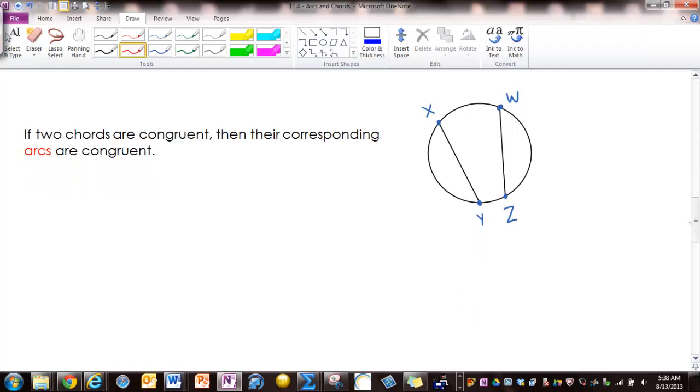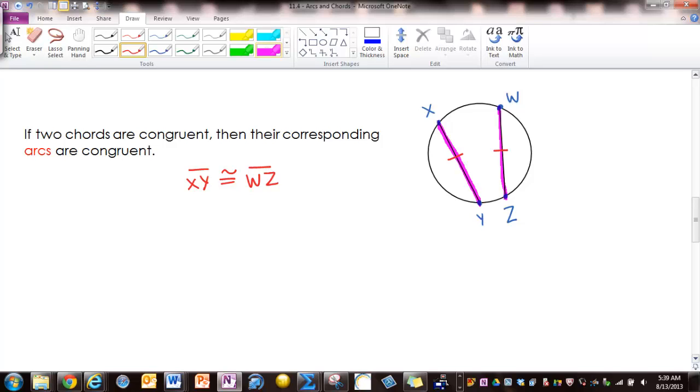And the converse of that statement, if two chords are congruent, then their corresponding arcs are congruent. So here in this one we have segment XY and segment WZ are two chords of a circle, and they will give us that those two chords are congruent. So segment XY is congruent to segment WZ, and we will show that with marks on the picture.